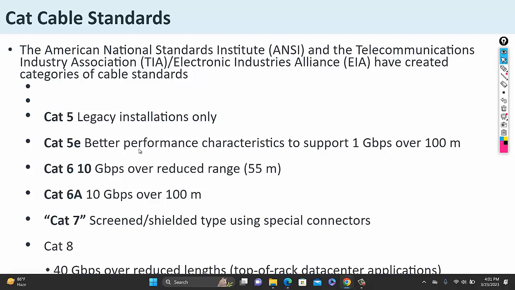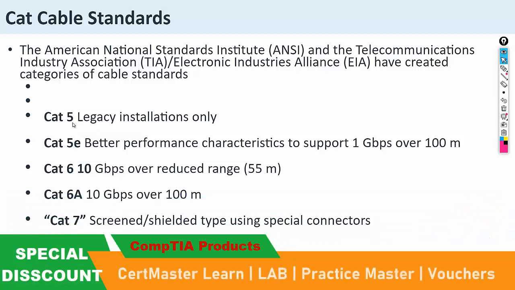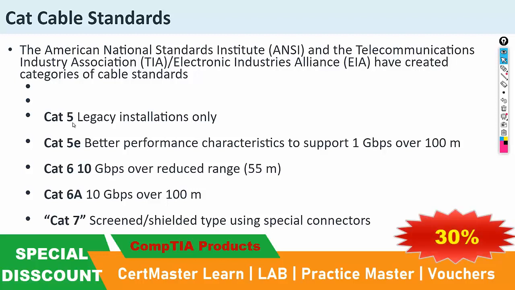So what is the benefit of CAT 5? CAT 5 is legacy installation only. When you are checking the speed, for a 100 Mbps or 100BASE-T system, you can use this CAT 5 cable.